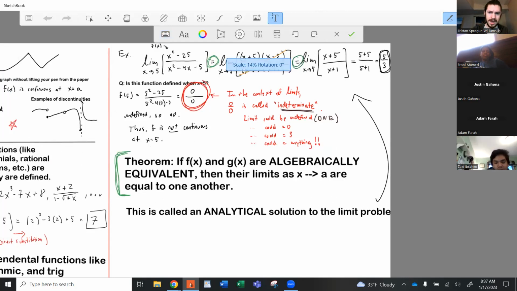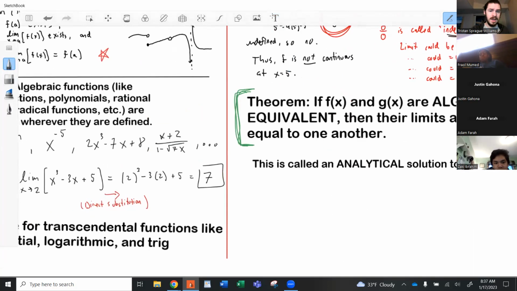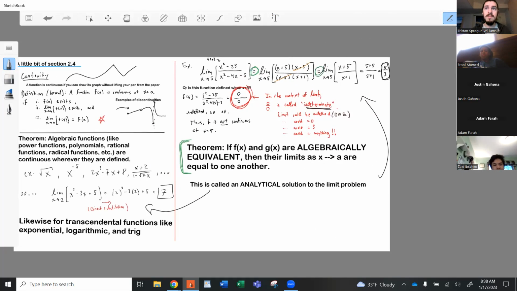And anytime you're using theorems and algebra, that's an analytical solution. So this was an analytical solution as well over here. When we did it by direct substitution, that was analytical as well. Both of these are analytical. It just means that there's no estimation, no approximation.